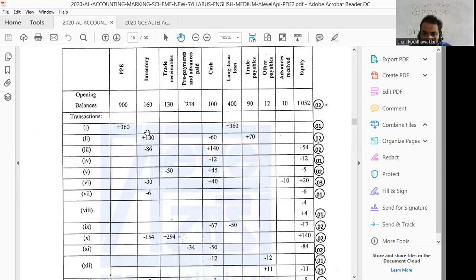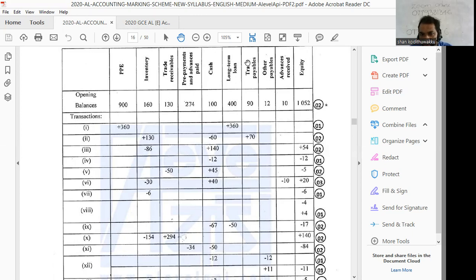You will receive 130,000 worth of inventory, therefore plus 130. As you paid 60,000 in cash, your cash balance will come down by 60,000, minus 60. The balance you will pay within 2 months or later. Therefore, it's a liability.